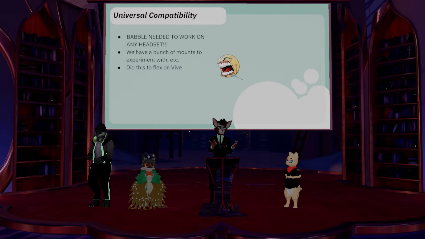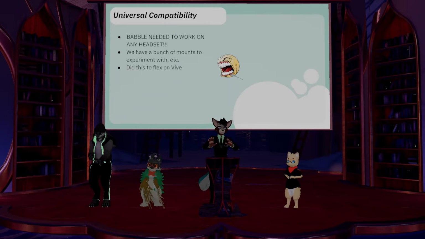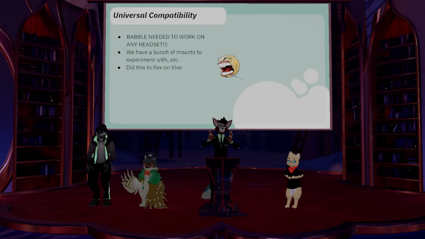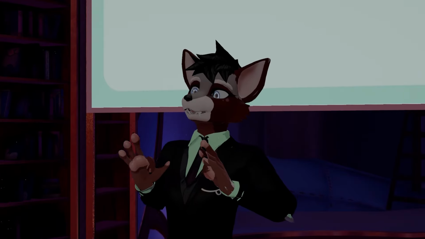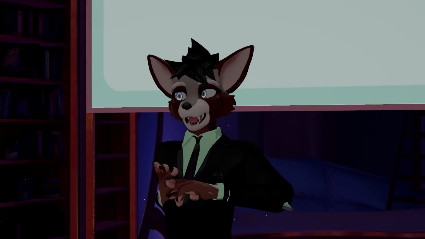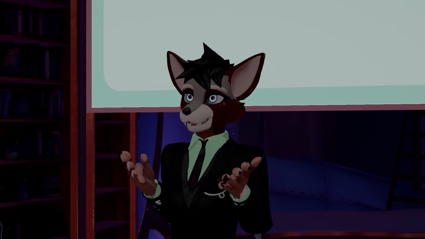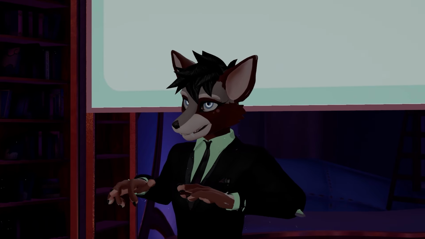And we did a bunch of experiments with mounts, right? Every headset is different. Maybe besides the Quest headsets, but every headset is super duper different in terms of their shape. So every single mount that we design, we do with a huge focus on their shape, on how far they are away from your face, right? Where the camera is relative to that. So overall, we need to make sure that it works on any headset.